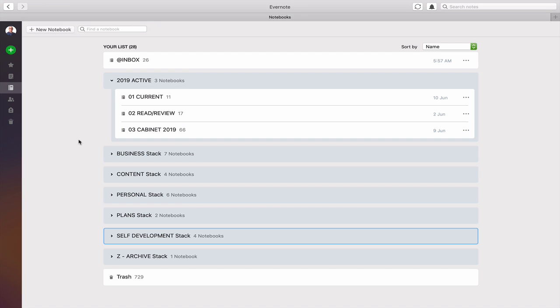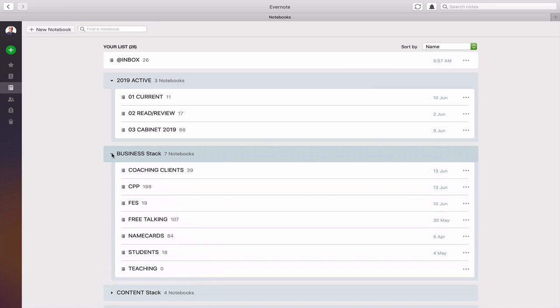But then I realized that there was another problem with just having 3 notebooks, is that some notebooks are really important because they're very project specific, and I wanted to keep them within their own stack, if you like. So I've created this stack here, which is now my business stack, related to the various businesses that I'm operating.